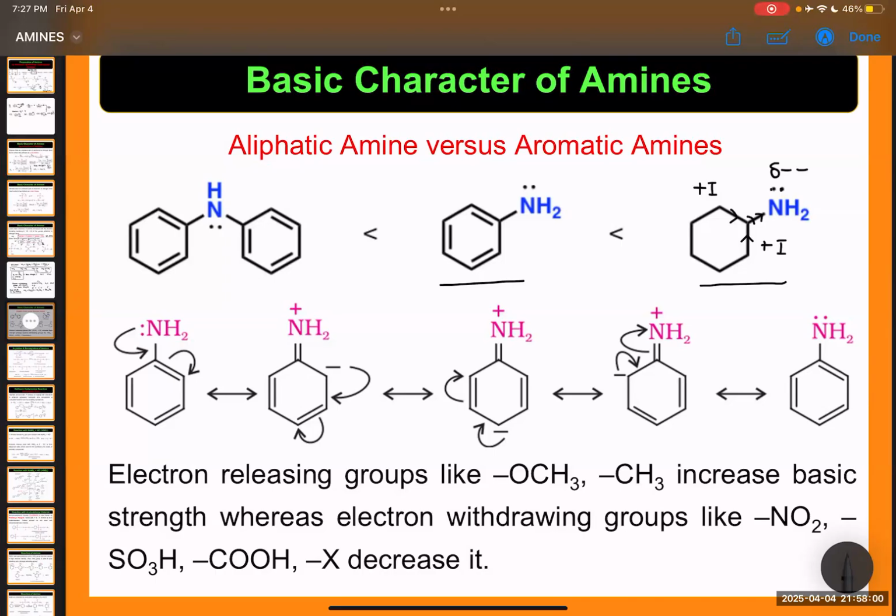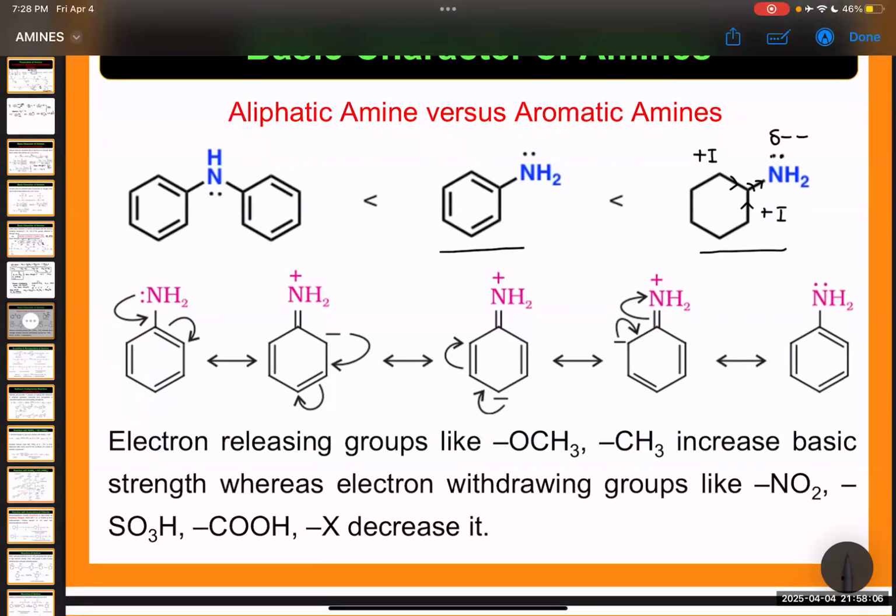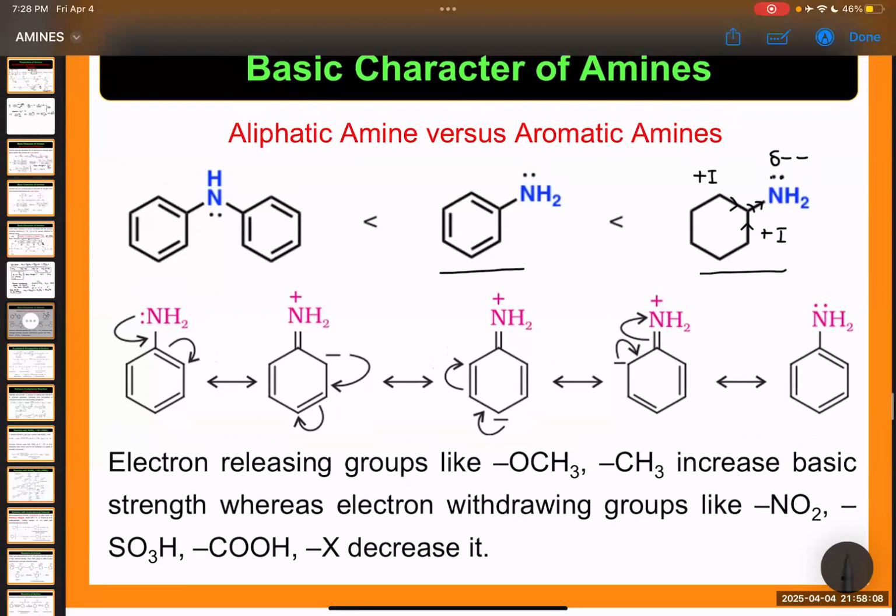But aniline is less basic, and diphenylamine is further less basic. What's the reason? Reason is quite simple, that the lone pair of NH2 is not fixed. It is actually delocalized. It has moved into the ring by resonance.